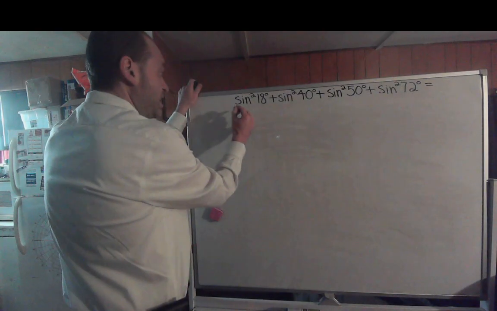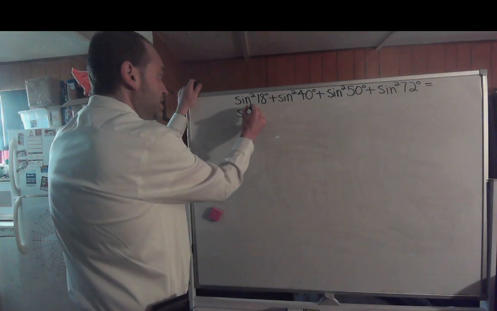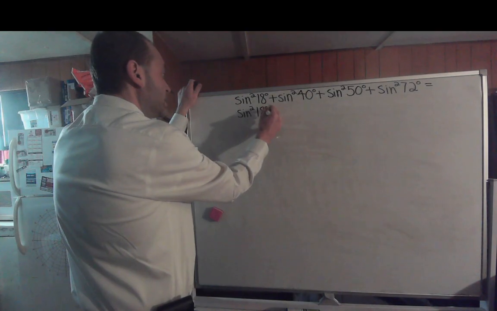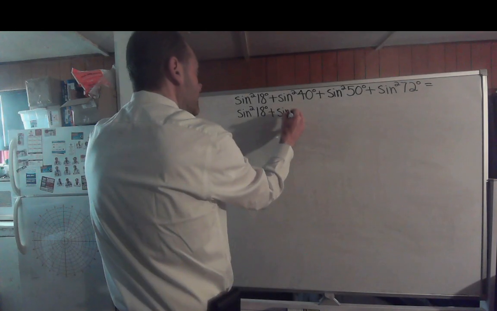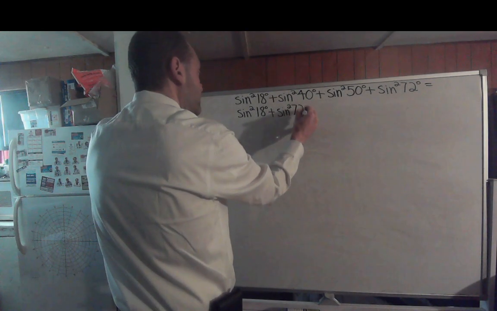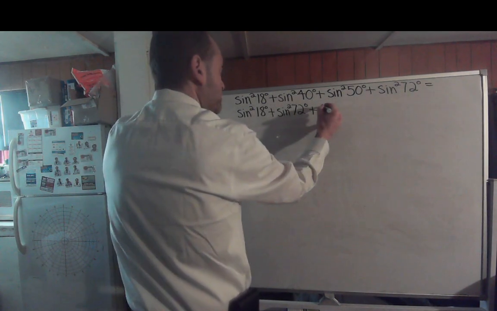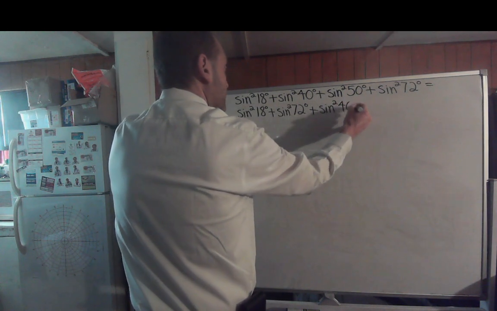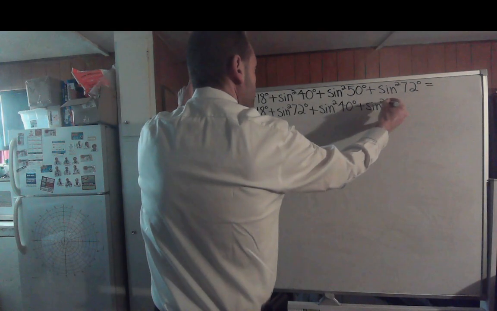So the first thing I would do is regroup these together with their respective sums of 90. So I would rewrite this as sine squared of 18 degrees plus, bring that sine squared of 72 degrees over here, and then you can keep your 40 and 50 together. So this would be plus the sine squared of 40 degrees plus the sine squared of 50 degrees.